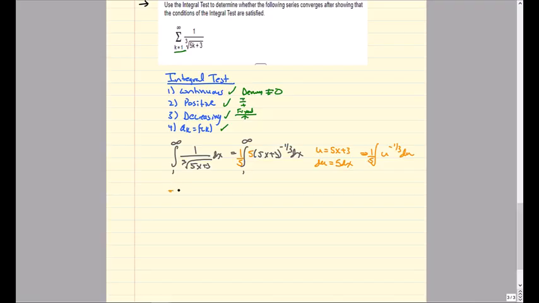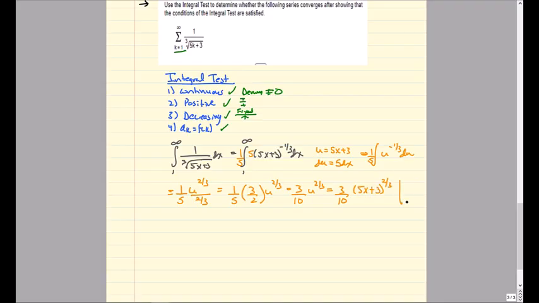So I'm going to drag along the 1/5, and then I'll have u to the 2/3 divided by 2/3. When I add 1, divide by the sum. When I divide by that fraction, I'll multiply by the reciprocal. So I end up with 3/10 u to the 2/3. But u is equal to 5x plus 3.